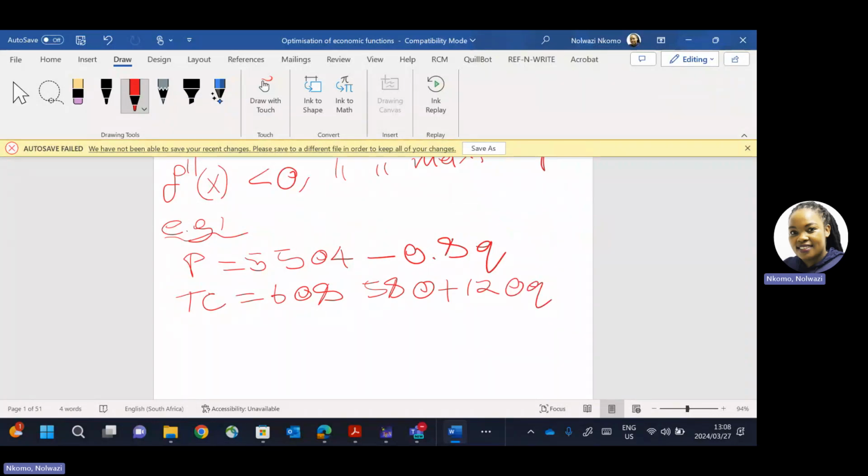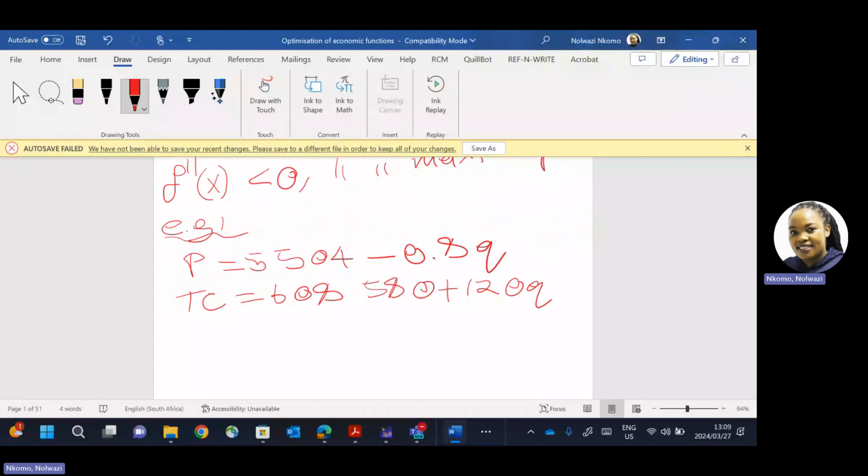Let's say you are given these two and you are asked to determine the price and quantity for which profit is maximized using differentiation as well as the marginal revenue and the marginal cost.